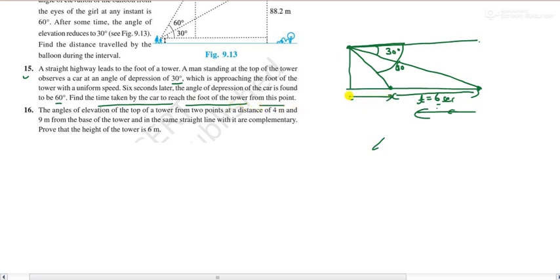From here to here, what will be the time? So instead of distance they have given time, so no need to worry, you can find it easily. Now I will again join this end. If this is 30, even this will be 30. Why? Again horizontal, this alternate angle, and if this is 60, even this will be 60. Got it?